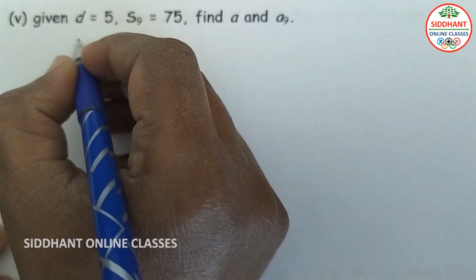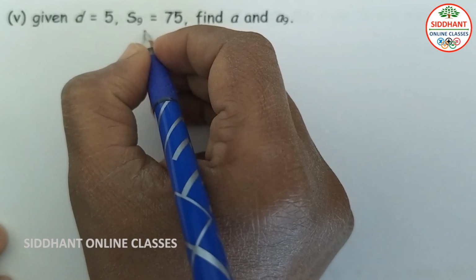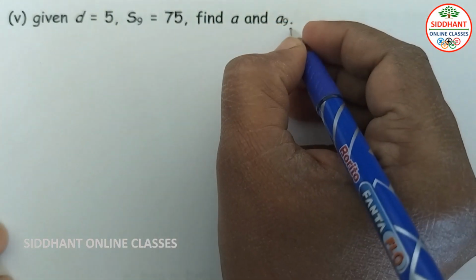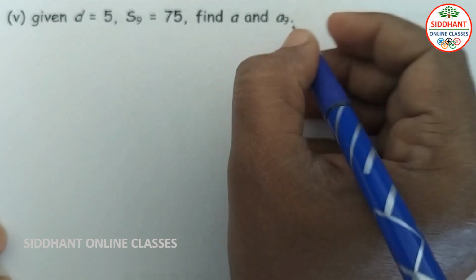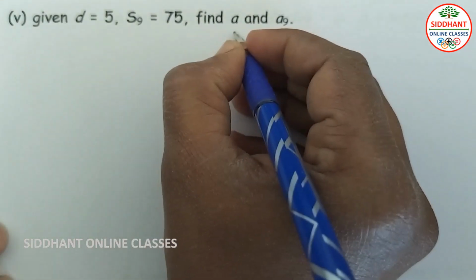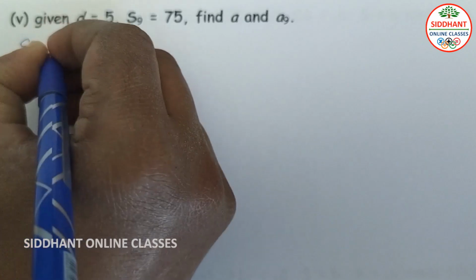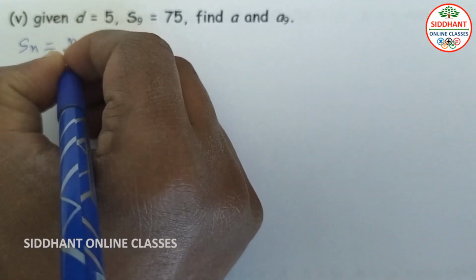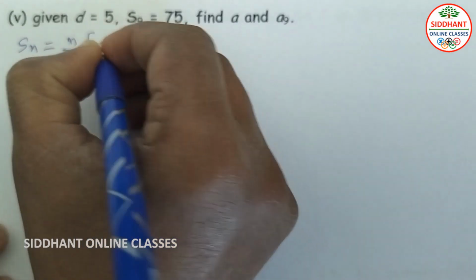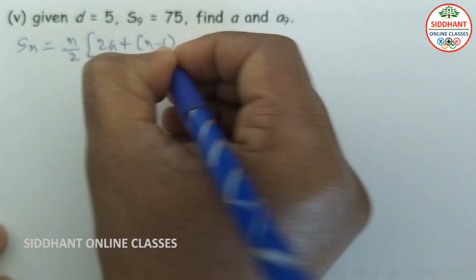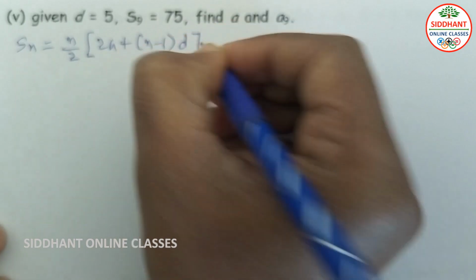Fifth one: given d equal to 5, S9 equal to 75, find a and a9. First we are going to find out the a value. We know Sn equals n by 2 into 2a plus n minus 1 into d.